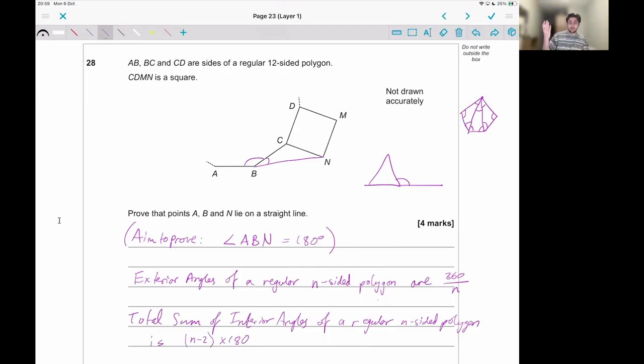So n being the number of sides, take 2 off because that's the number of triangles you make. And then multiply it by 180 because there's 180 degrees in every triangle.